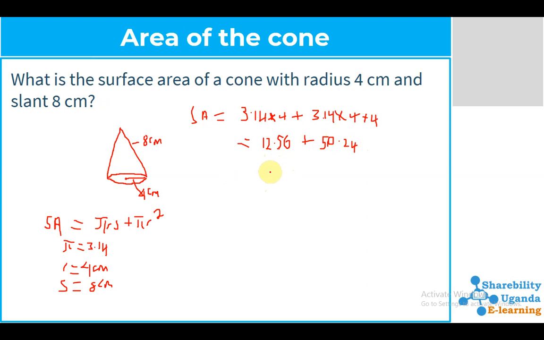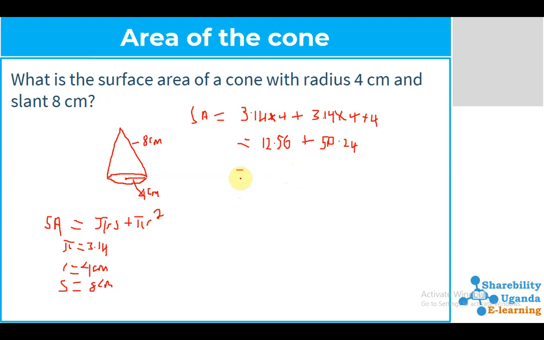We shall add 12.56 plus 50.24 to get our surface area. Let's add this: 12.56 plus 50.24.